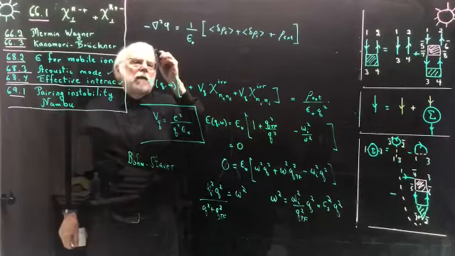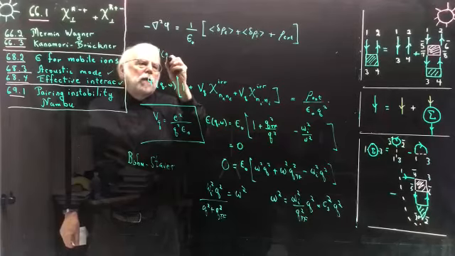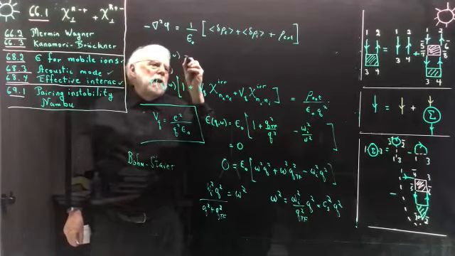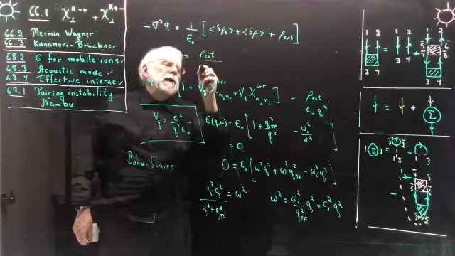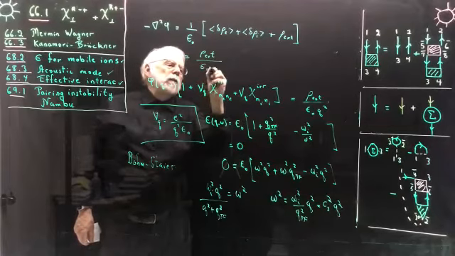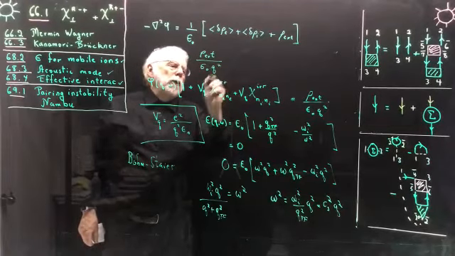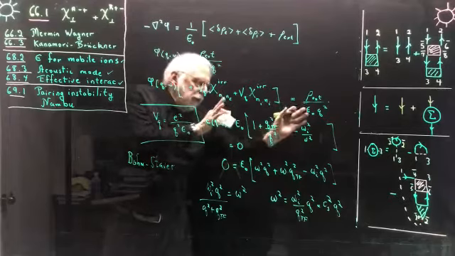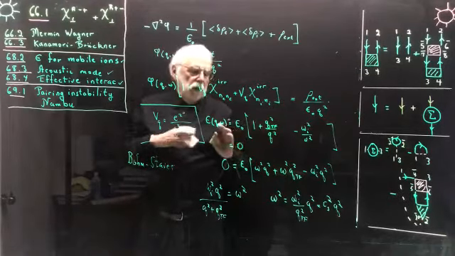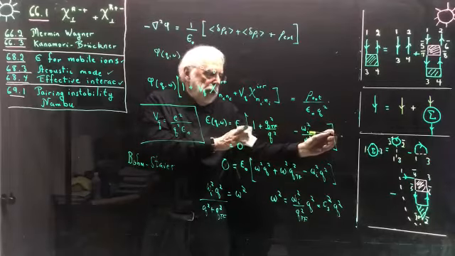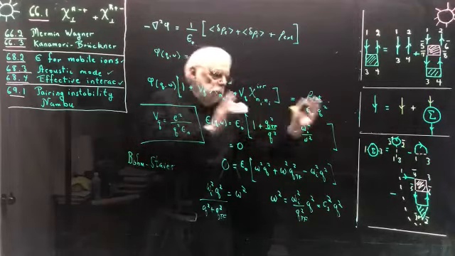So I have that phi of q omega is equal to rho external divided by epsilon 0 q squared and divided by this bracket here, because I just put the bracket there.